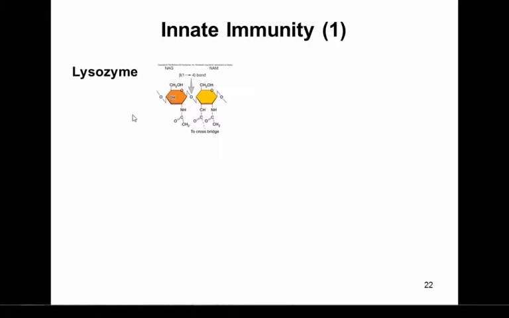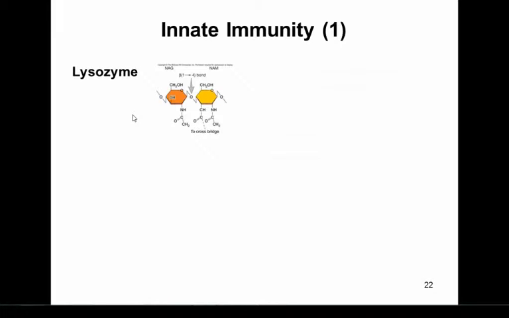Because it can have access to the peptidoglycan on the gram-positive cell wall, but it will not be able to diffuse across the outer membrane of gram-negatives. It's a whole protein. It's too big to go through the porins.